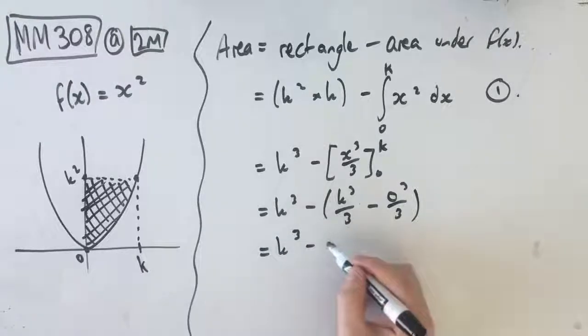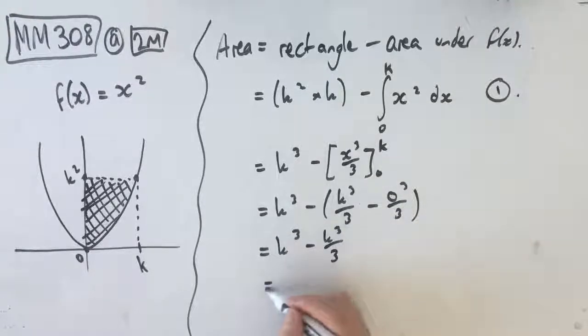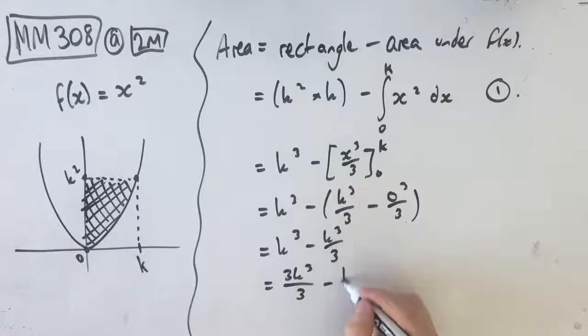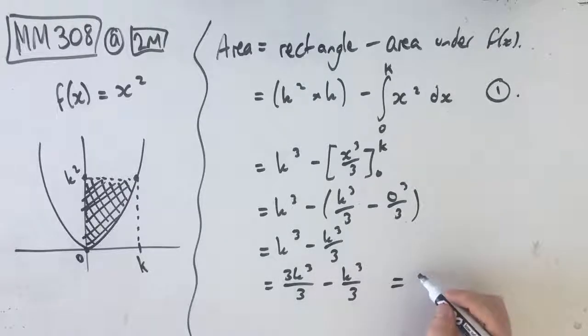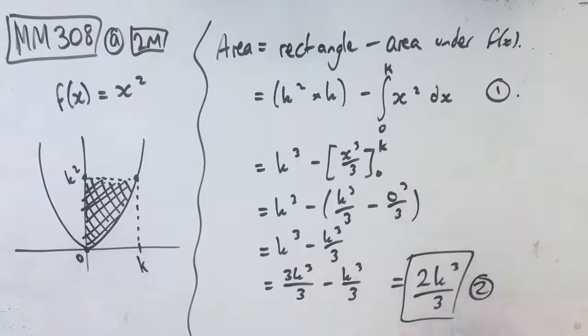So we then get k cubed take k cubed over 3. Just doing all the steps here, we get 3k cubed over 3 minus k cubed over 3. So I've just made the denominators the same, which means I can then say that the area is equal to 2k cubed over 3. It's our second mark and final answer for that, guys. So our area is equal to 2k cubed over 3.